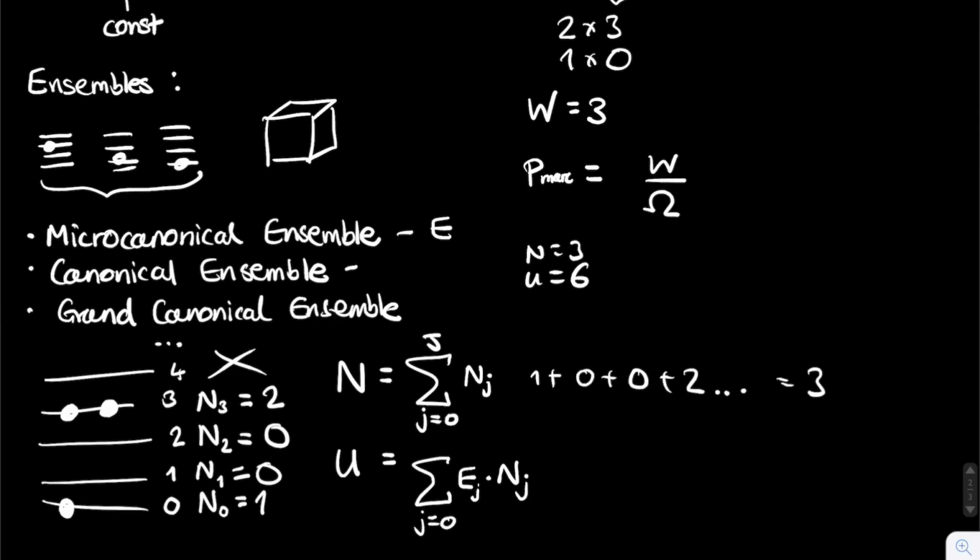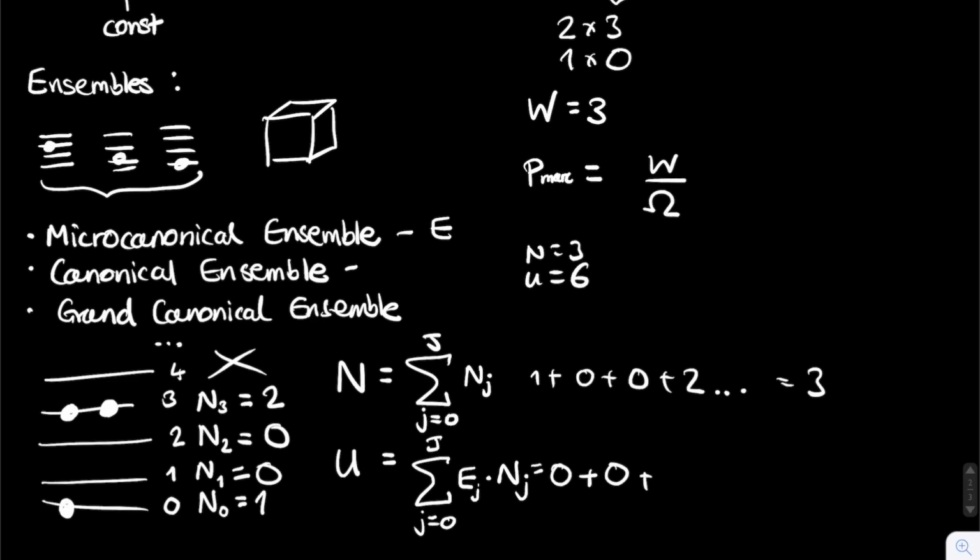So this is a sum from j equals 0 to J. Again, we don't know what J is. It could potentially go on forever, but in this case we've got nothing higher than the 3 level. So what will we get if we expand out this sum? Well, we've got one particle on the 0 energy level, that's not going to contribute anything. So we've got 0. The n equals 1 level, no particles, so that's just another 0.